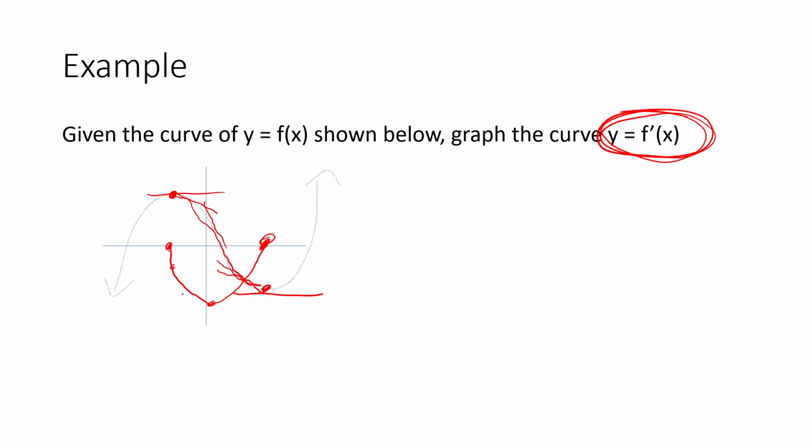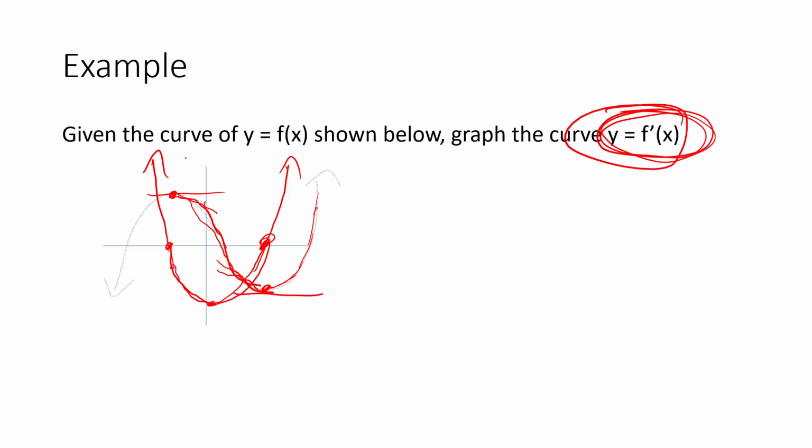So you can see that this pattern here, the bottom part of that parabola, is kind of mimicking the slope of this curve here. Now, after that, we're going to have positive first derivatives, which means the curve that we're asked to draw, y equals f prime of x, needs to have positive y values. And the same thing will happen over here.